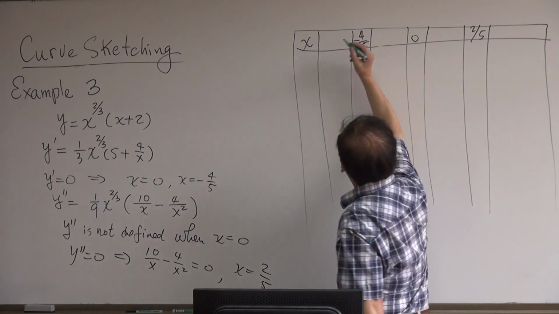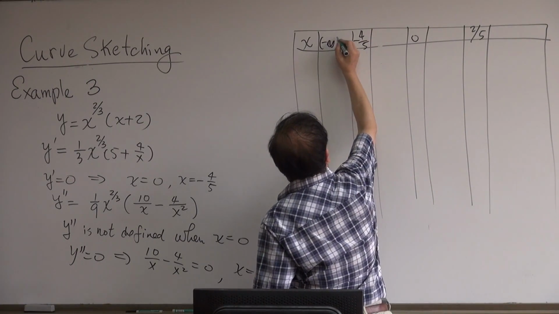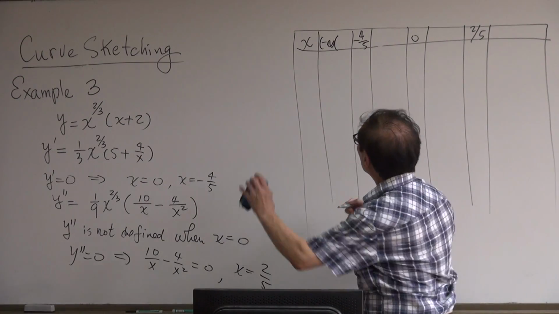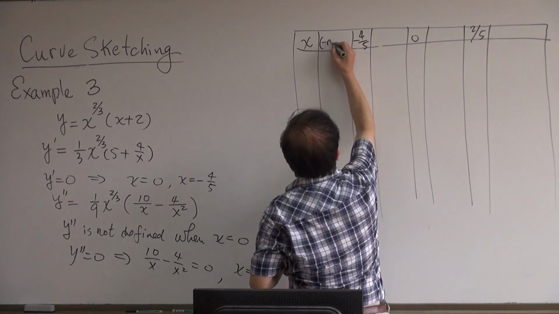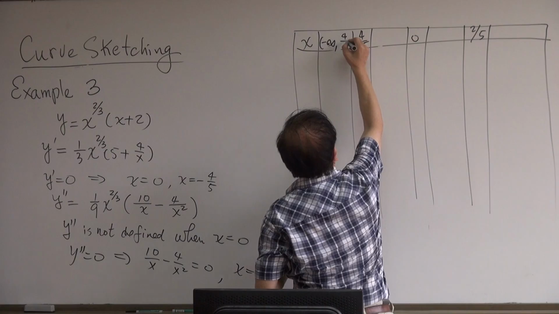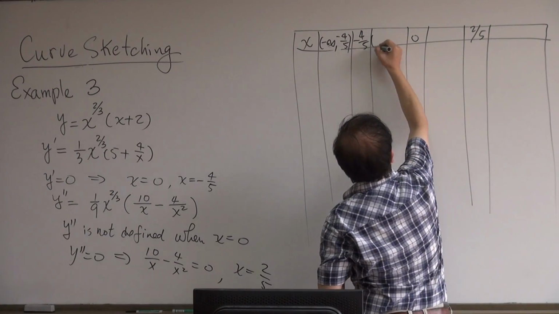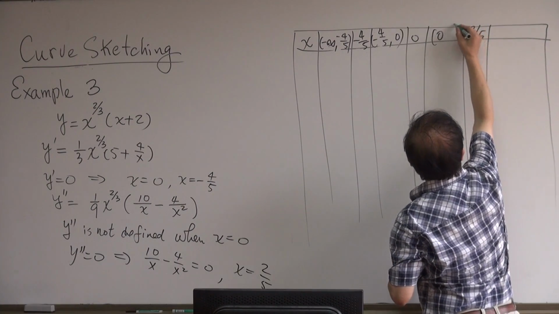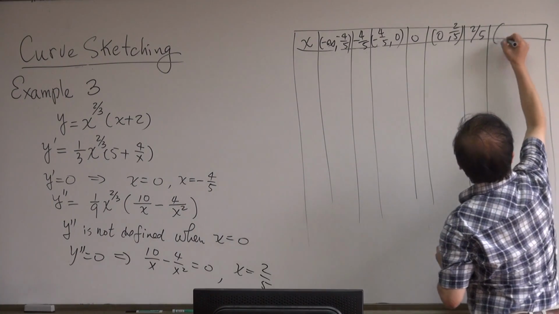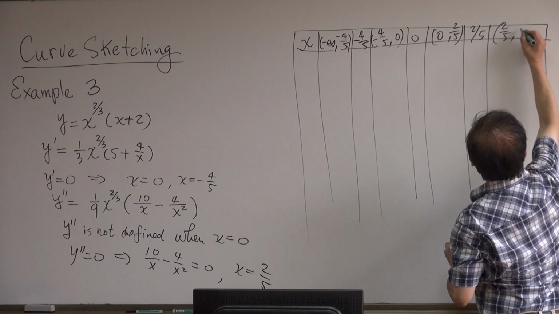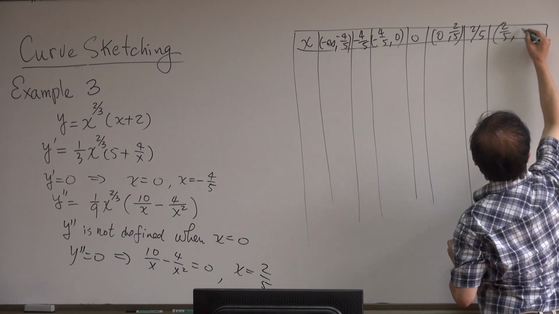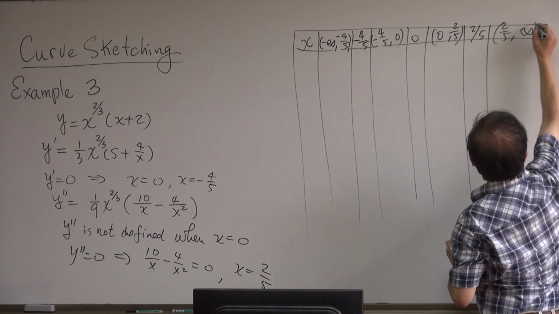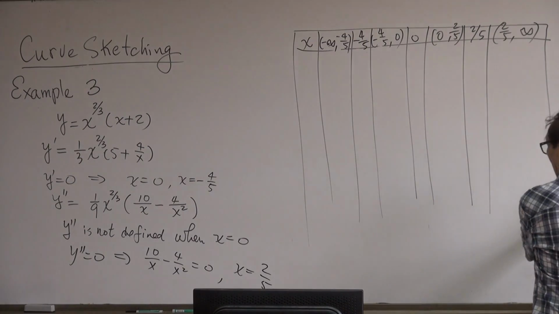These divide the whole interval into 4 intervals: minus infinity to minus 5 over 4, minus 5 over 4 to 0, from 0 to 5 over 2, and 5 over 2 to positive infinity.